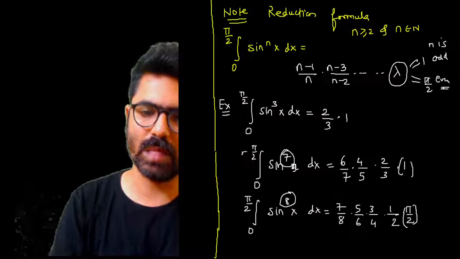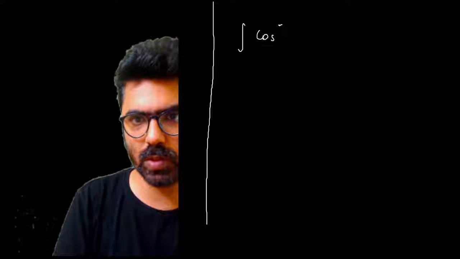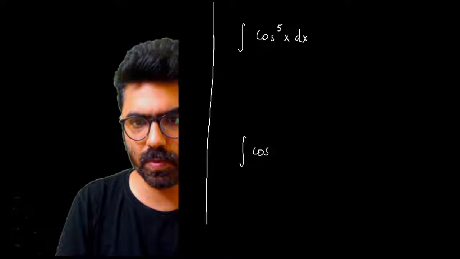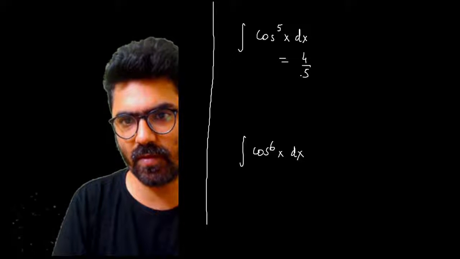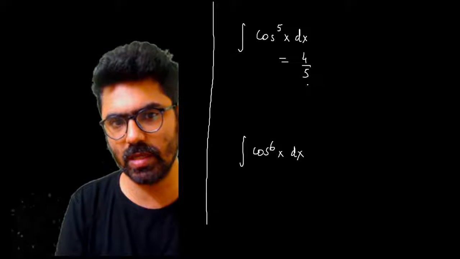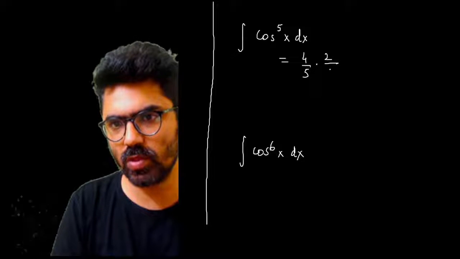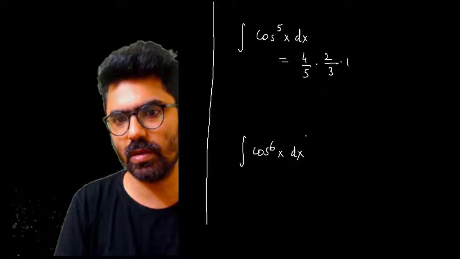The same thing is applicable for cos also. Let me take one more example. The integral of cos power 5x dx, and here also cos power 6x dx. For 5 you start with 4 by 5, one number less is 4, and then 5 in the denominator. Then 4 minus 2 is 2, 5 minus 2 is 3. You stop and write 1. For odd power, write 1.